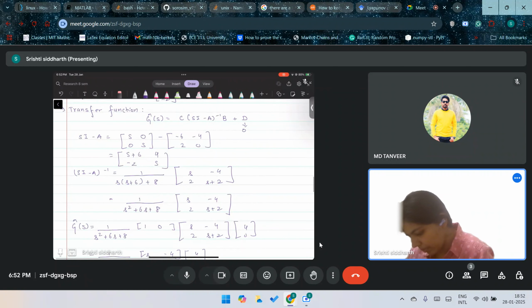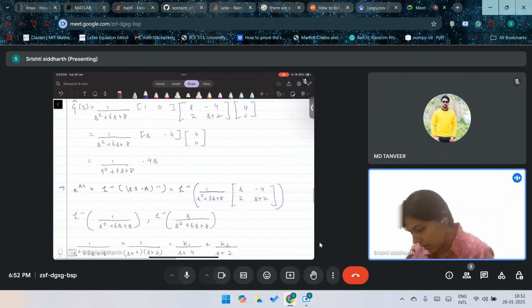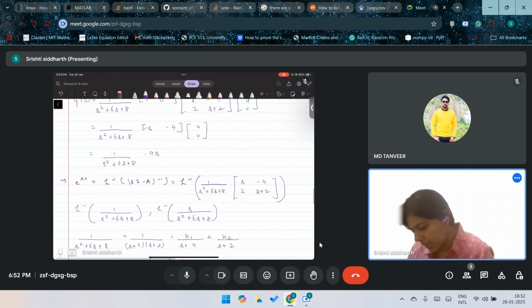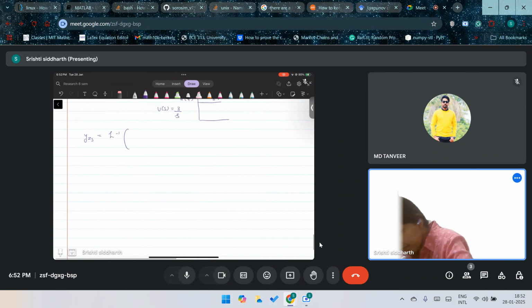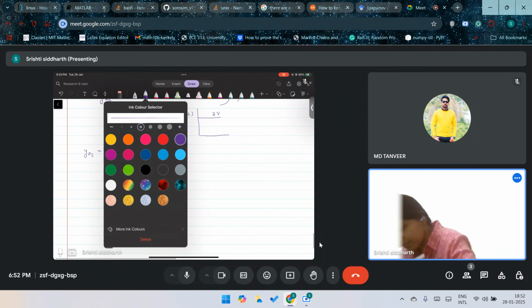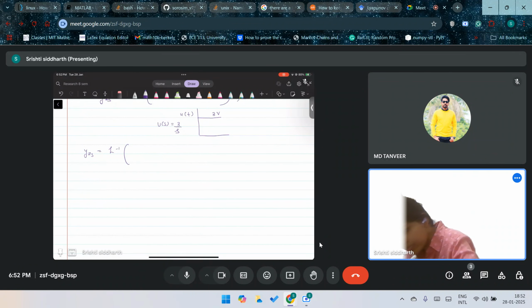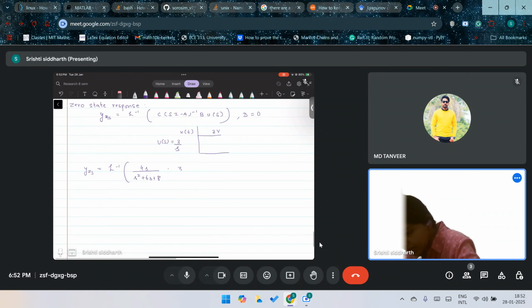So let's scroll up. Yeah, this is 4s upon s squared plus 6s plus 8, times 3 over s.